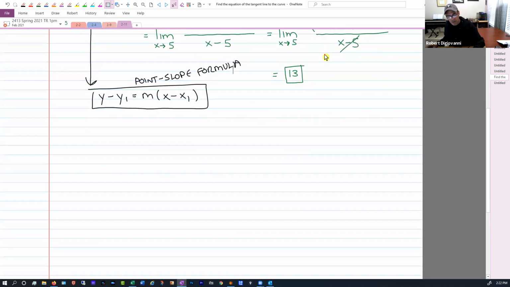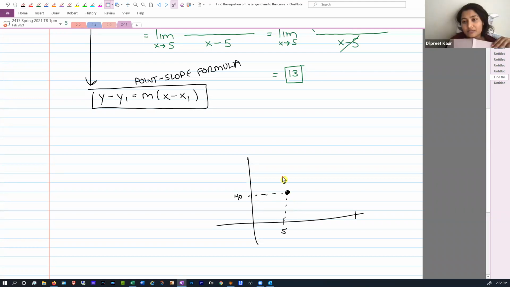So what we're doing is not looking at 5 and 40 and then finding the points and finding the slope. What we're doing is looking at the point on the graph, and trying to find the slope at that single point. It has nothing to do with 40 over here. It's when you plug in 5, you get 40. Does that make sense? Yes, sir, it does. Thank you.